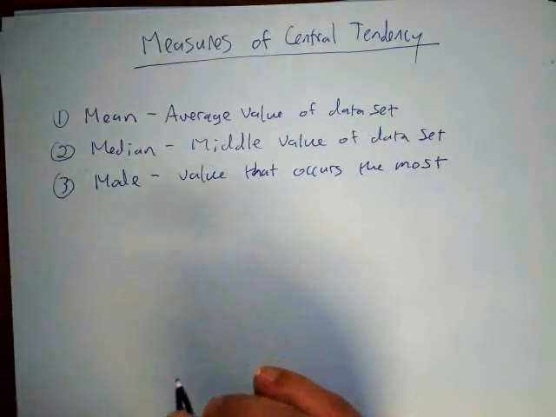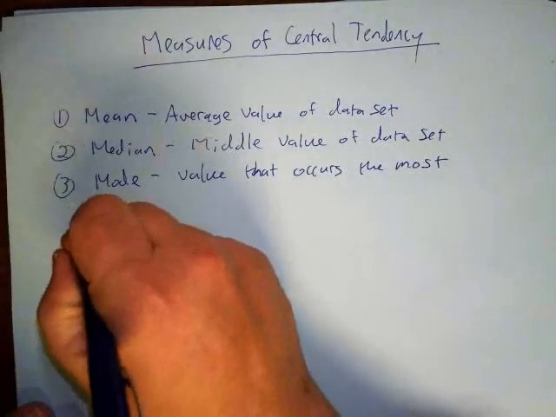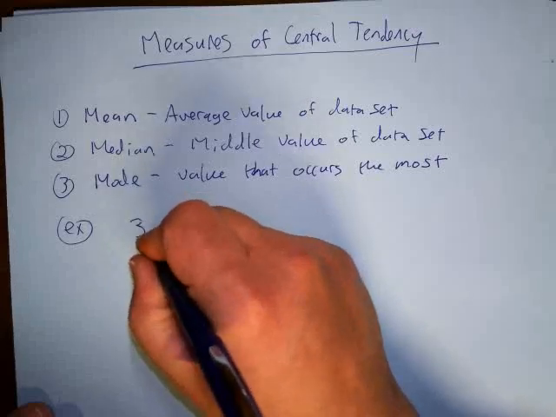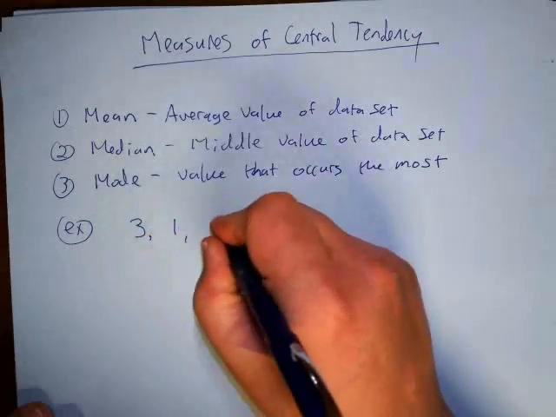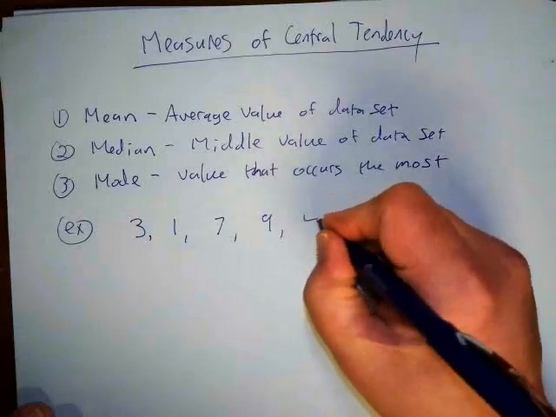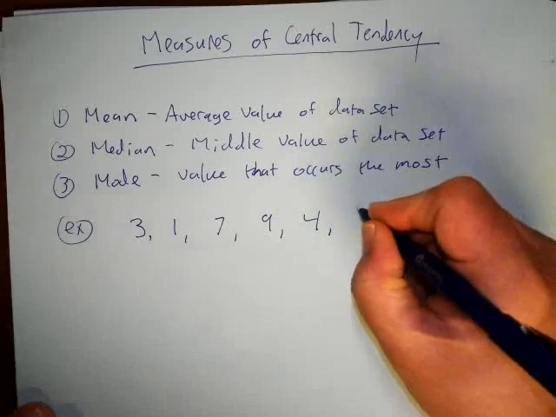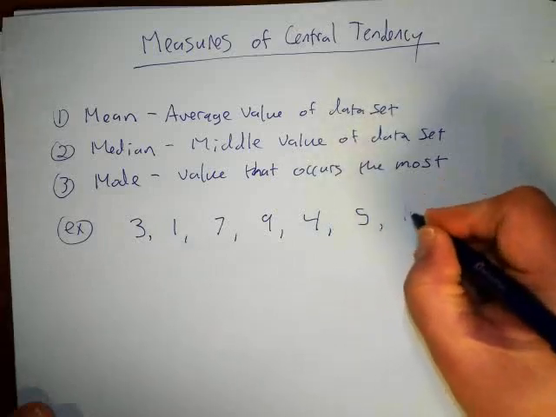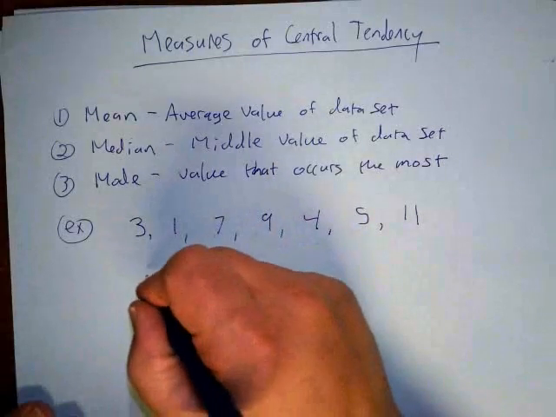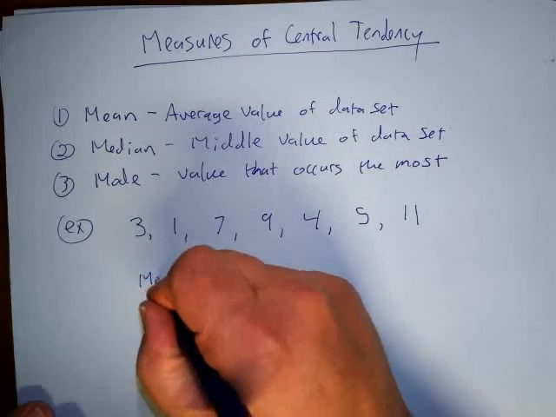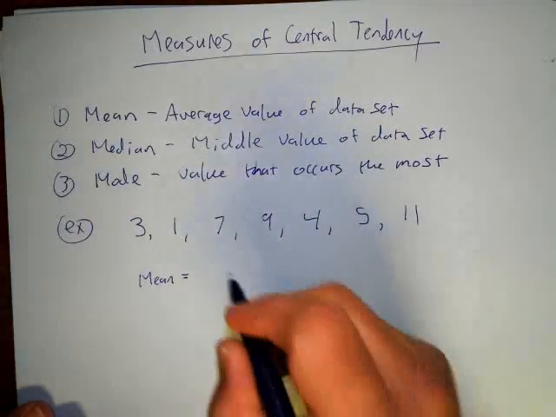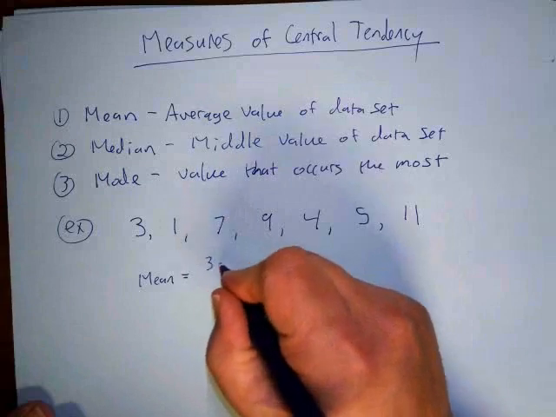So let's look at all three of these with some examples. I'm going to get a little data set here: 3, 1, 7, 9, 4, 5, and 11. Okay, so that's my data set. The mean is the average value in the data set. The average is where you add them all up and then you divide by the number of values.